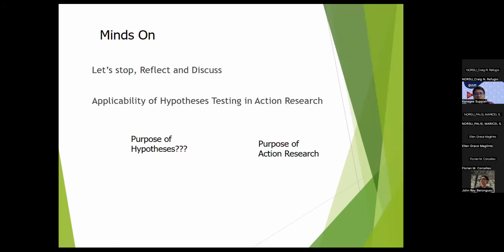Okay, so now let's stop for a while, reflect and discuss a bit. To what extent can hypothesis testing be applied in action research? I want you to think about this.